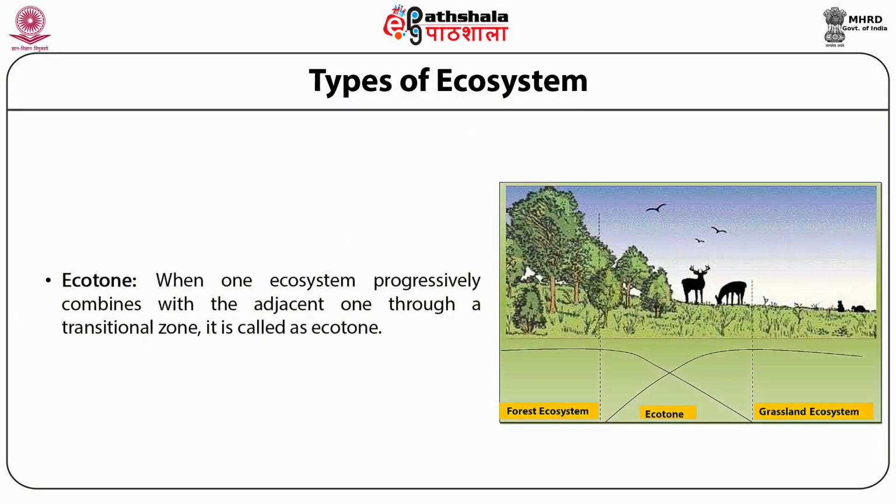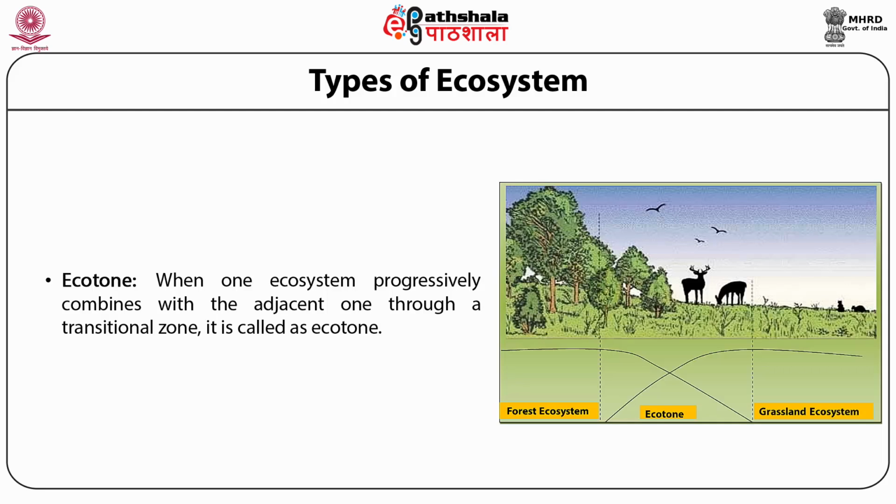The natural ecosystems do not have separate boundaries. An ecosystem progressively combines with the adjacent one through a transitional zone called ecotone. The ecotone consists of species present in two adjacent ecosystems.